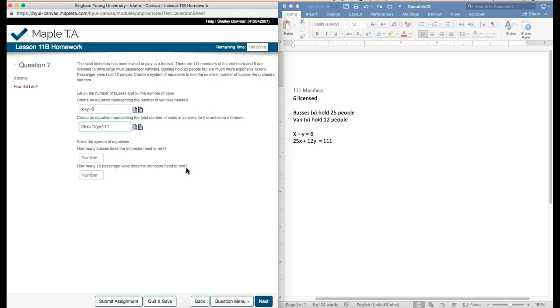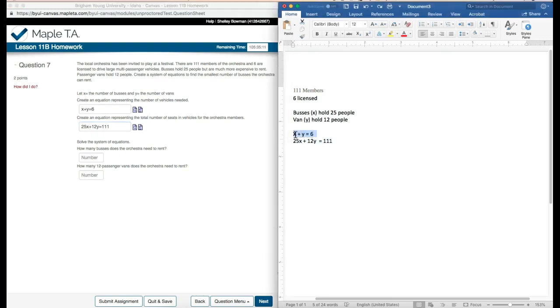Okay, the next thing is to actually solve my system of equations, and since this one's really a small equation right here, I'm going to go ahead and take it and solve for, let's solve for x, because that's pretty fast. To solve for x, I just need to subtract y from both sides, and I'm done. So I end up with x being left on the left-hand side, and I have a negative y plus 6.